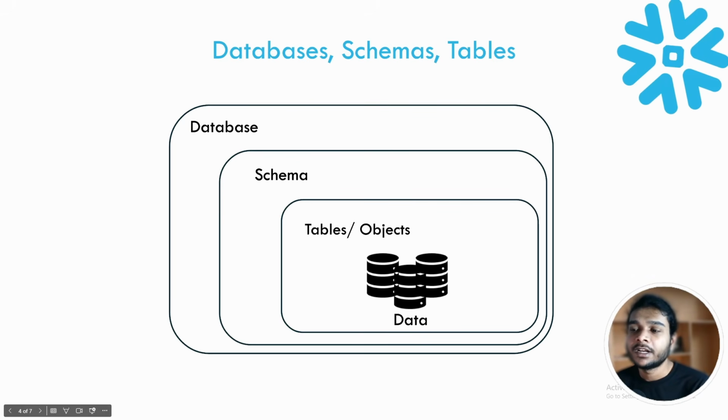Now let's talk about databases, schemas, and tables. I know these are pretty basic concepts, but I still want to make sure everyone watching is able to understand every single thing. Databases are the place where we store the data. That is the main container on top. Inside databases, we don't store the data tables directly. There is something called schemas.